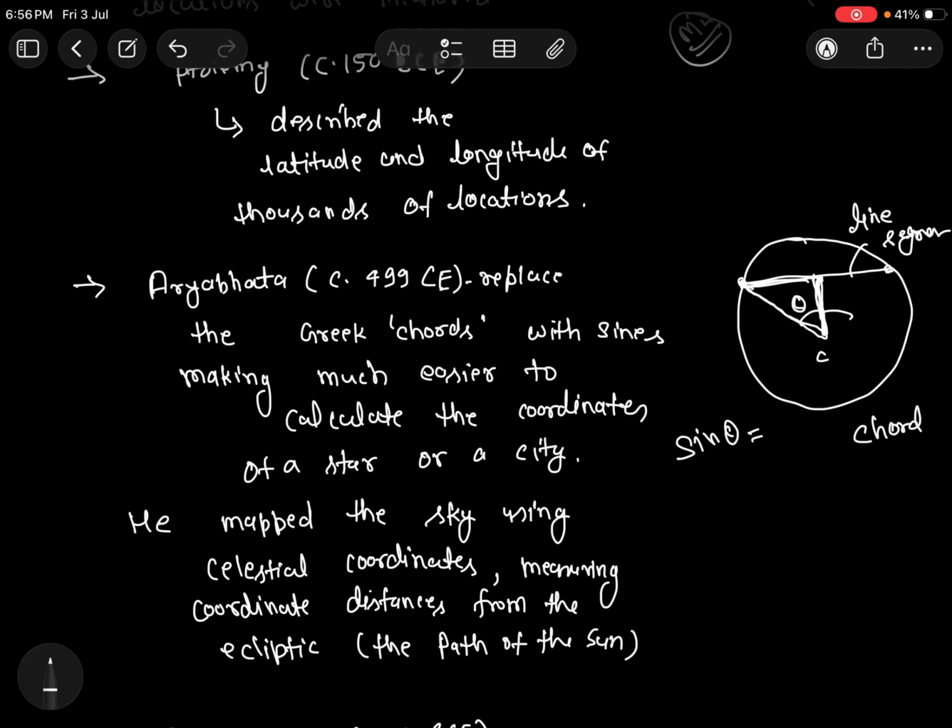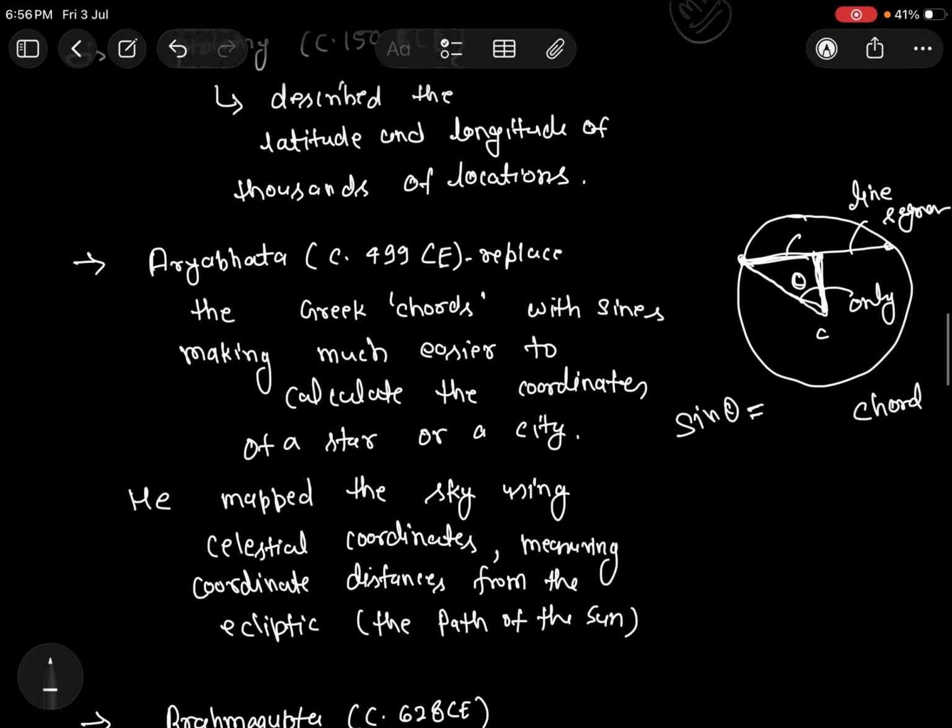So if you know only one length and you know the ratio from the angle, because Aryabhat gives the ratio for many angles like sine 30 degree, sine 45 degree, then by measuring one particular length, you can calculate the other without complicated calculation.